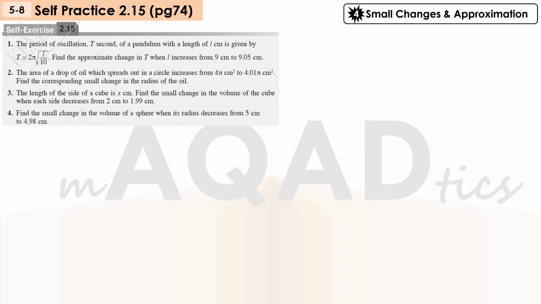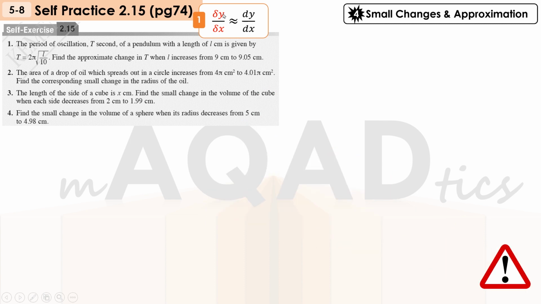To find them, we can use this formula: delta y over delta x is approximately equal to dy over dx. The small change that we need to find is this delta y part. To find delta y, we need 2 things. One is dy over dx, which we need to use differentiation to find.